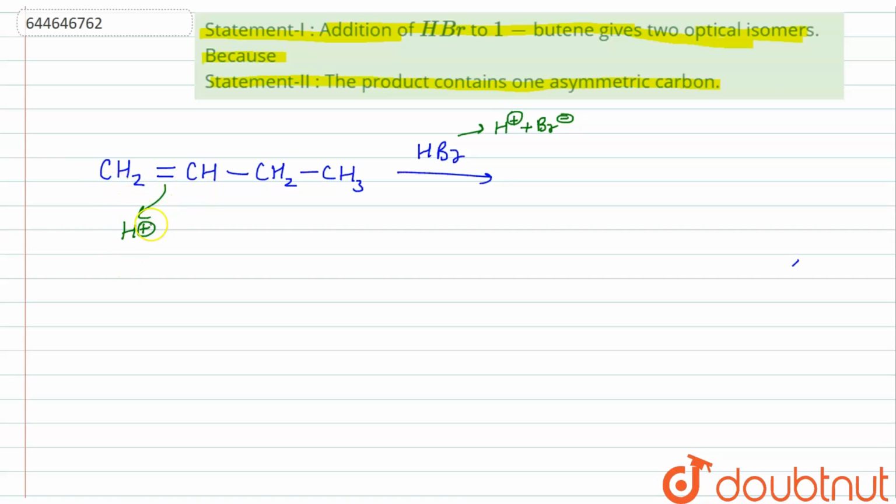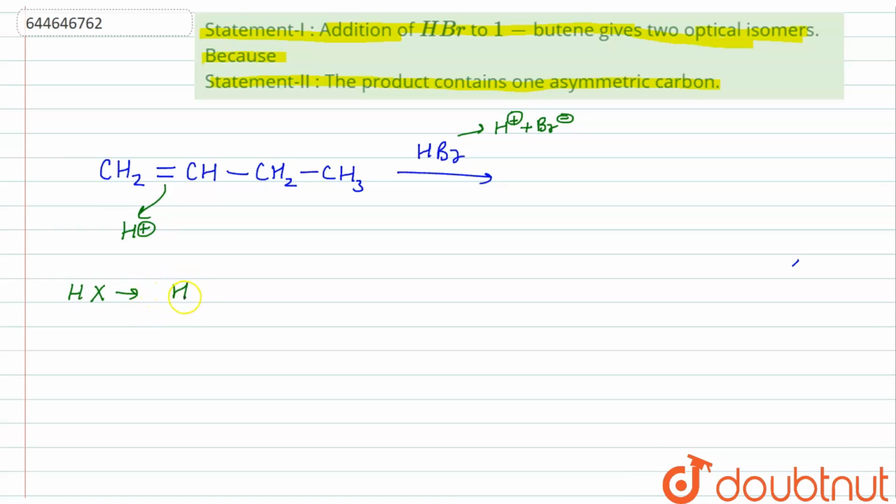But according to Markovnikov's rule, in the addition of a protic acid, for example HX, to an alkene in this case, the acid hydrogen gets attached to the carbon with more hydrogen substituents.